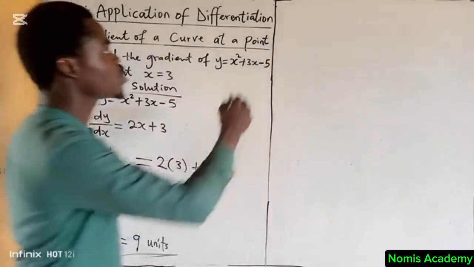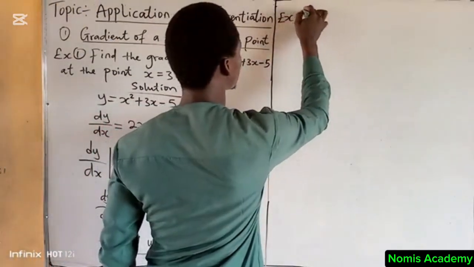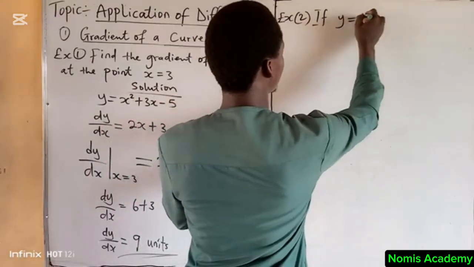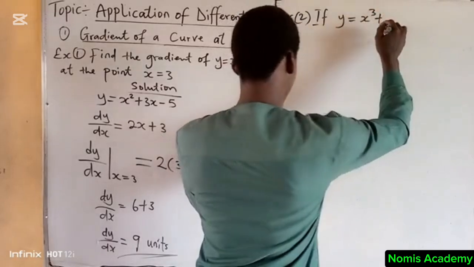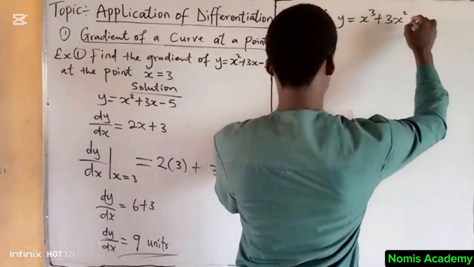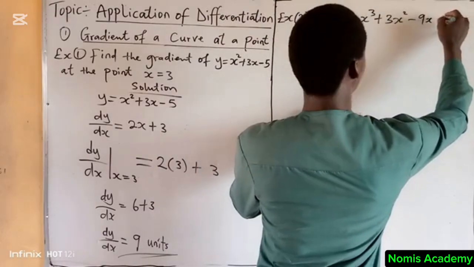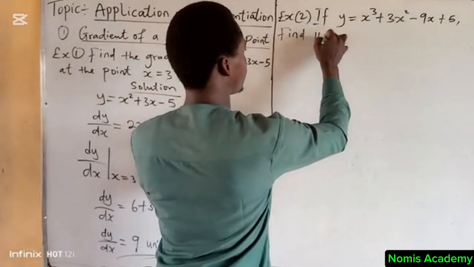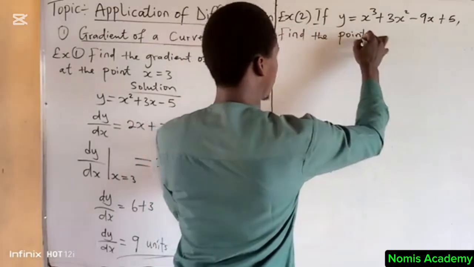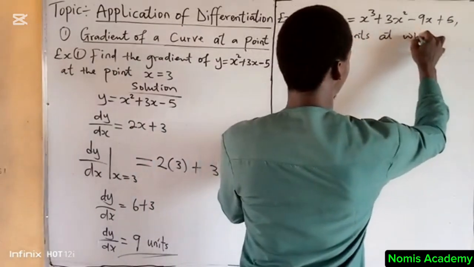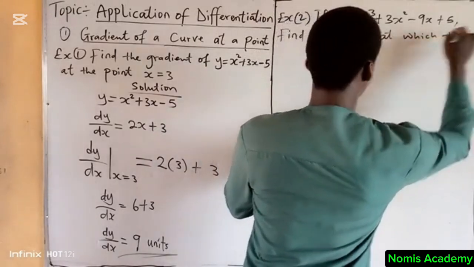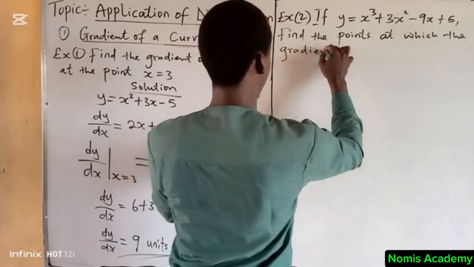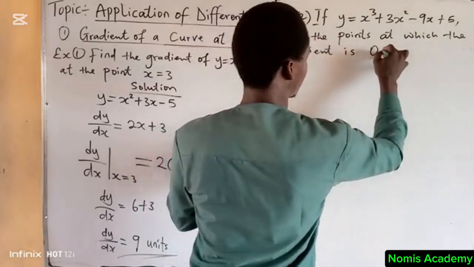Alright, let's pick example 2. Say if y is equal to x cubed plus 3x squared minus 9x plus 5. Find the points at which the gradient is 0.